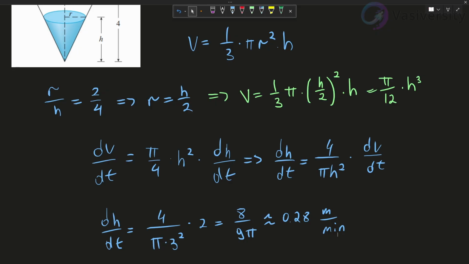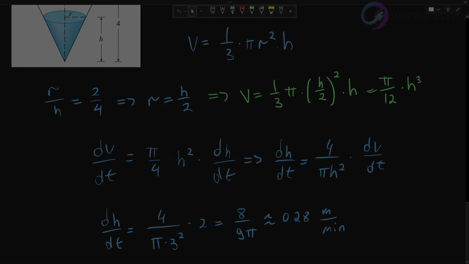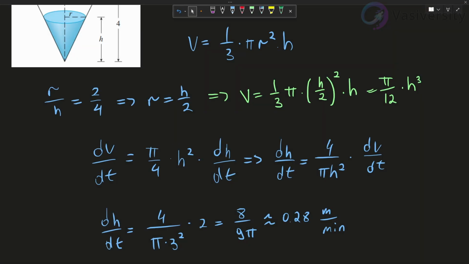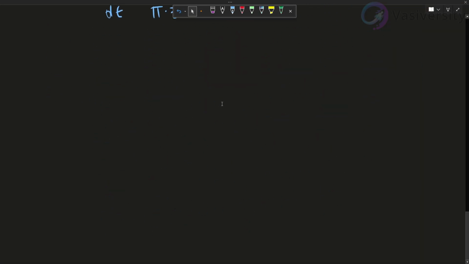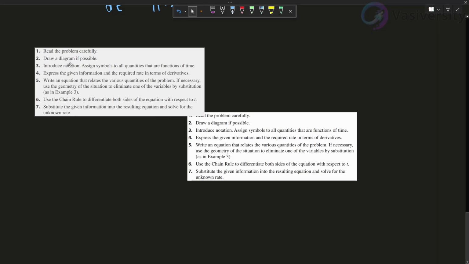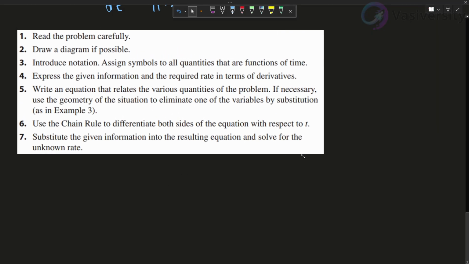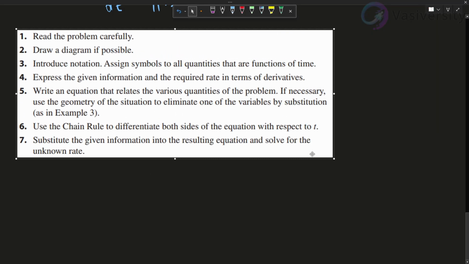So essentially, some of the strategies that are recommended and useful to know for solving related rates problems. First, the most important thing is to read the problem carefully and draw a diagram if possible.